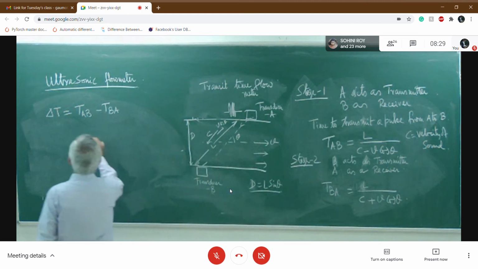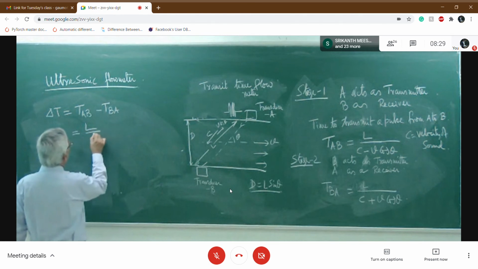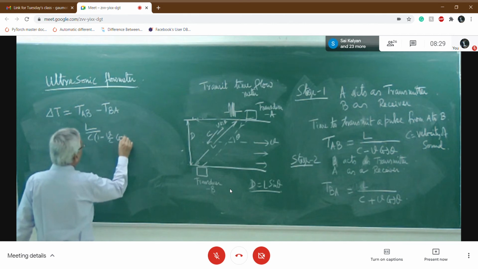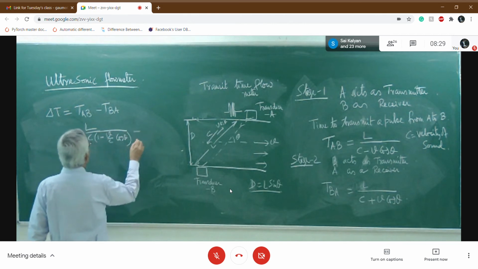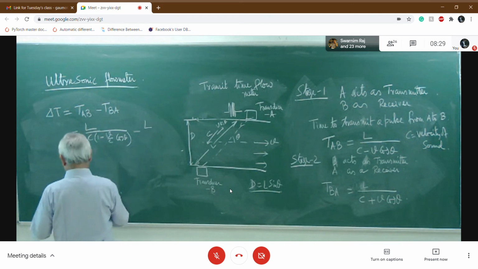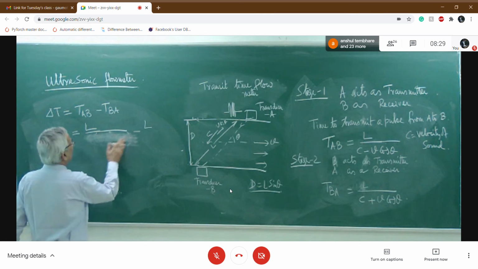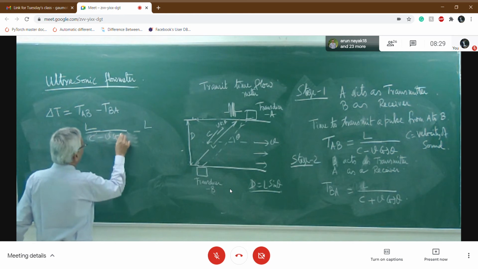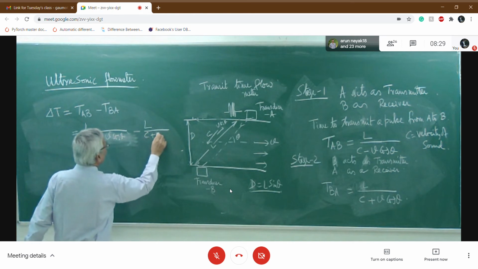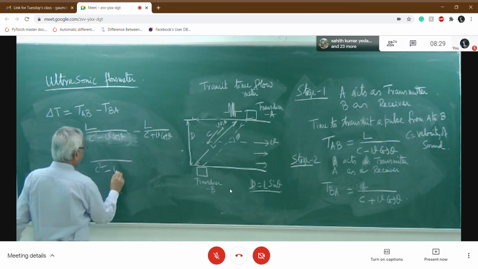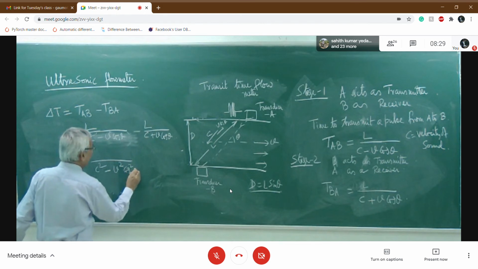So we can write delta t as L divided by C minus V cos theta, minus L divided by C plus V cos theta. This is equal to L into 2V cosine theta divided by C square minus V square cos square theta.